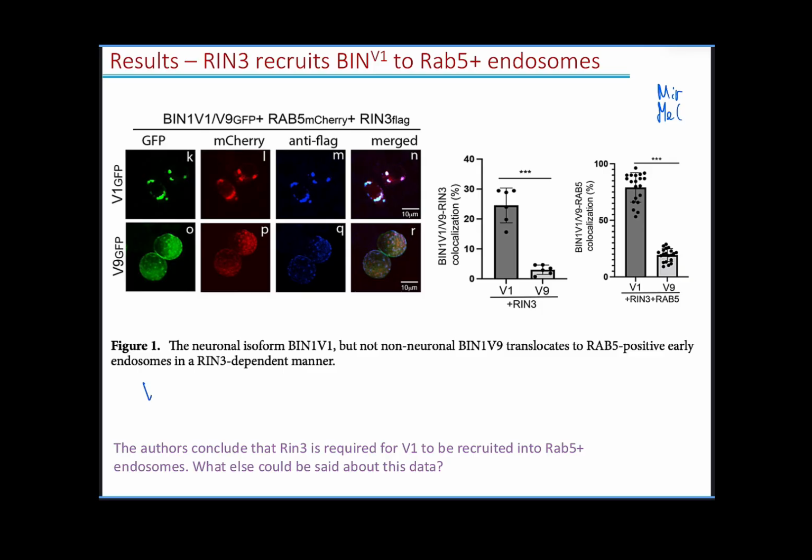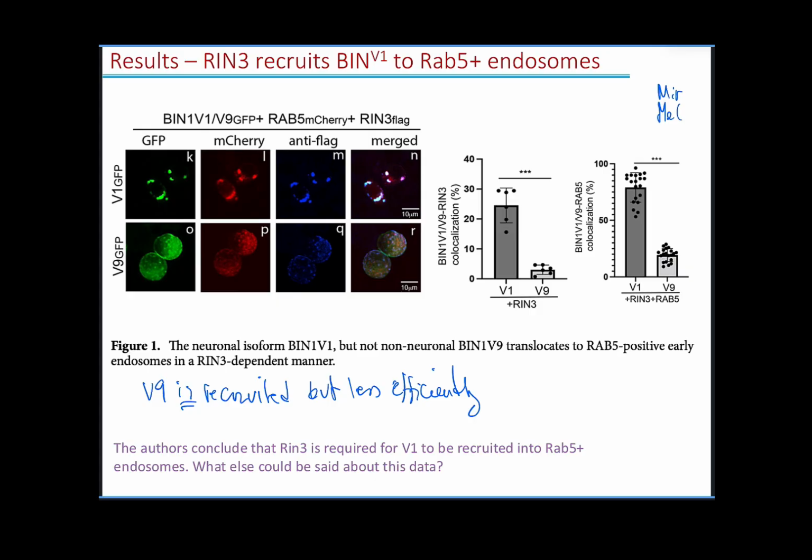So V9 is recruited, but less efficiently. See, there's looking a little deeper into the data here because we're going into the graphs and saying, hey, it's not like there's no recruitment at all, it's just less efficient.